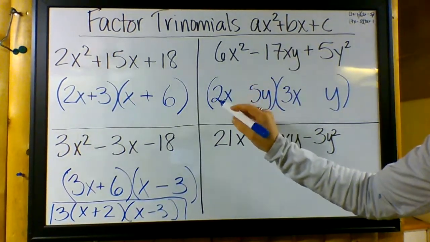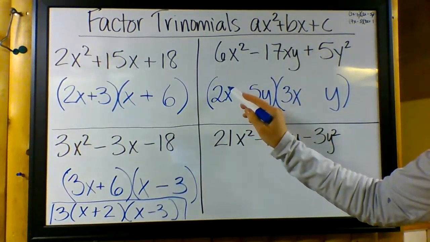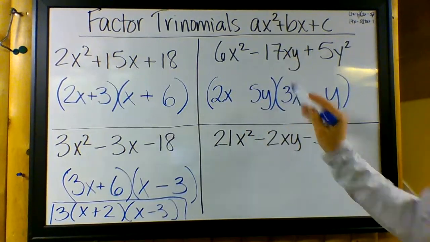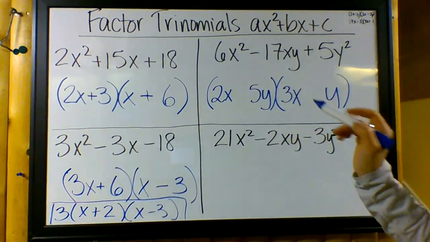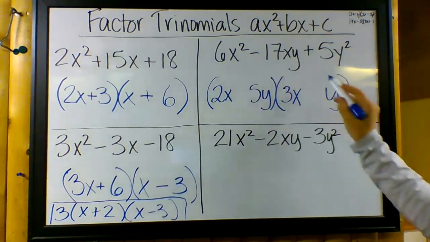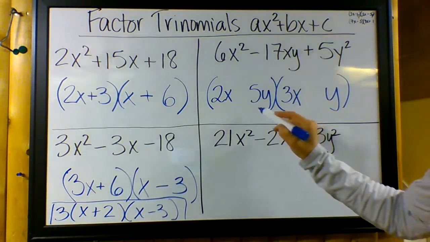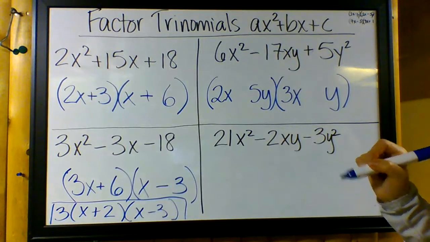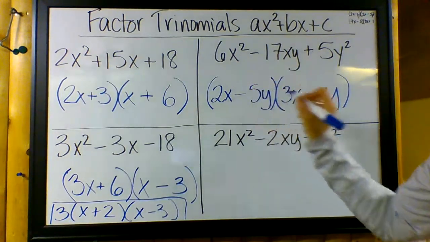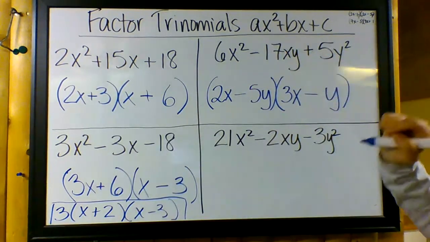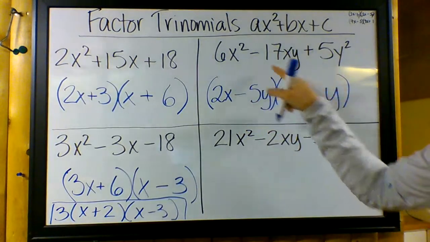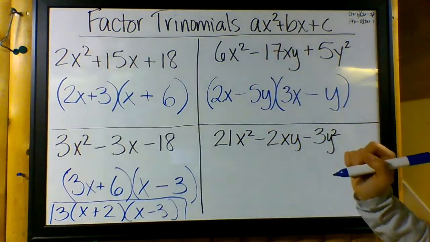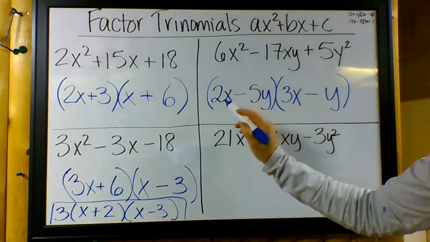So I thought about it as 2x times 3x equals 6x squared. And now I'm going to have 2xy and 15xy together give me that 17. And I know now that a negative times a negative gives me a positive, and a negative plus a negative gives me that negative in the middle. So this works. We can check it.